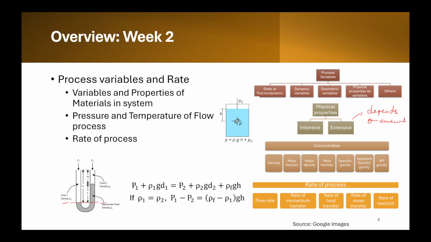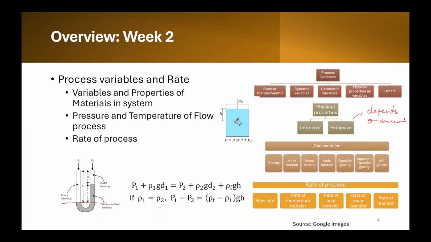We equate it to the external pressure P2, then rho2 into g into d2 is the pressure exerted by this fluid column having density rho2 of fluid 2. And then we add this extra column of the manometric fluid. So this is rho F, the density of the manometric fluid, into g into the column height, which is given as H here.